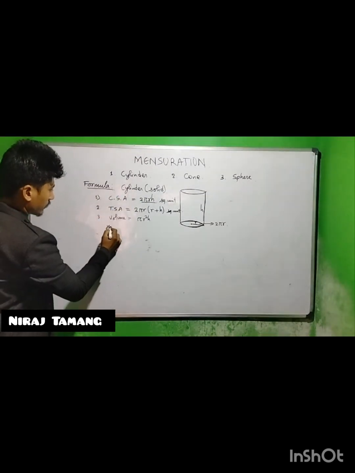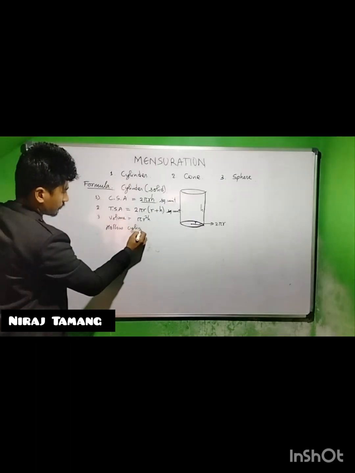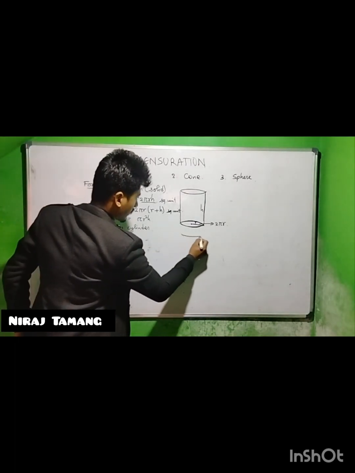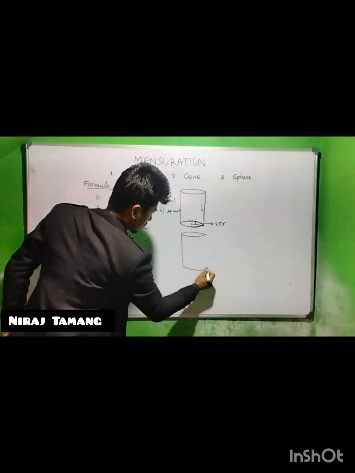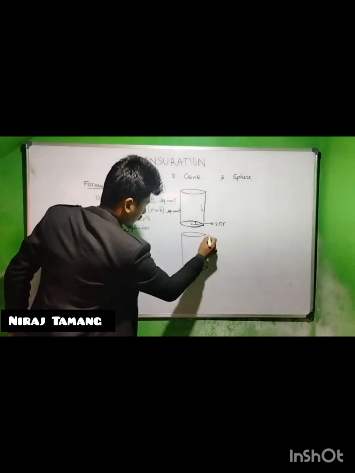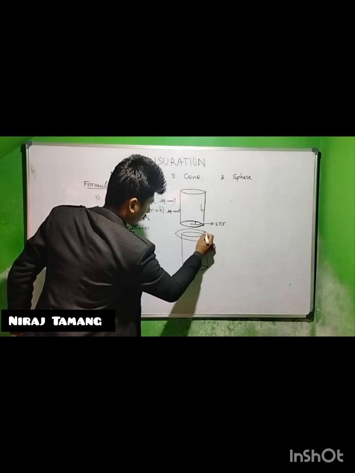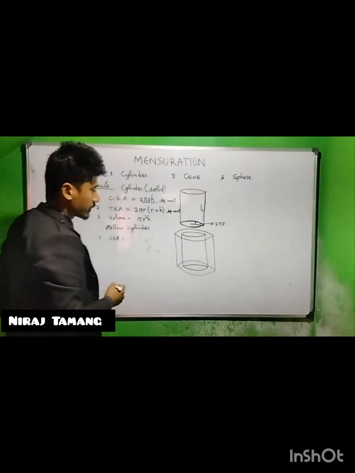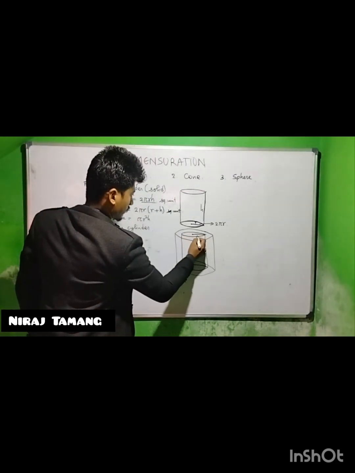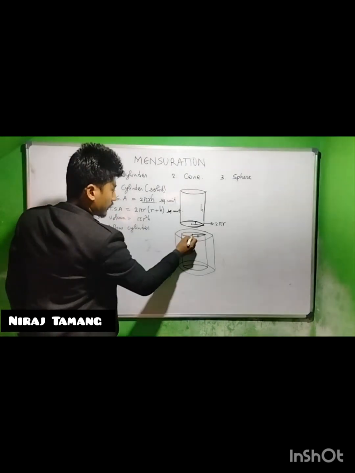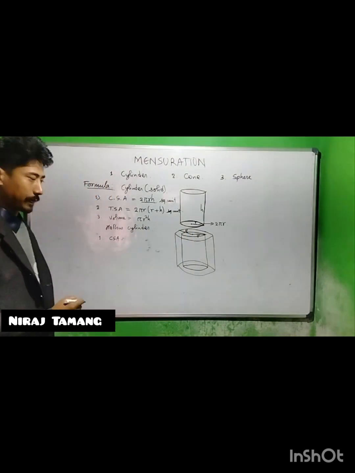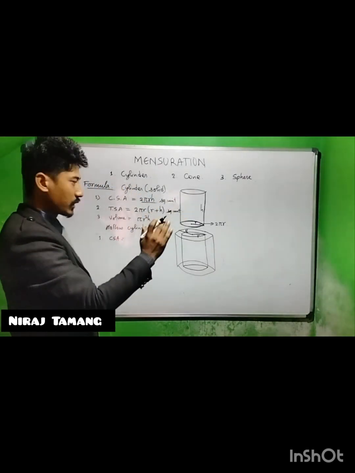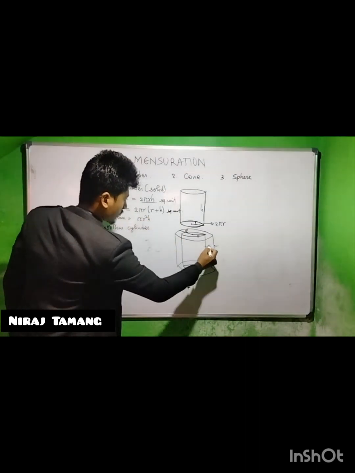Now for hollow cylinder. First formula is CSA. Let's draw a hollow cylinder here. Let us take the internal radius as small r and external radius as capital R. CSA includes the outer curved surface plus inner curved surface.